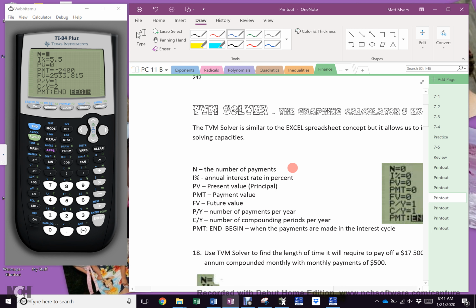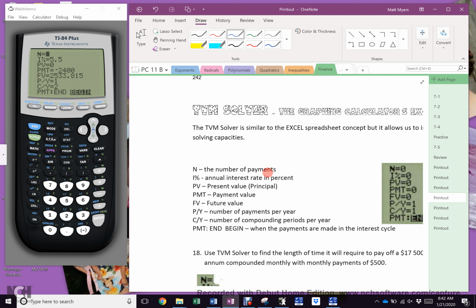Now, all of these things are what we already know. All right? N is payments. Now, if you're taking a loan, the payments are how many times you pay the bank till it's paid off. If you're investing money, it's the amount of times you put money into the investment.